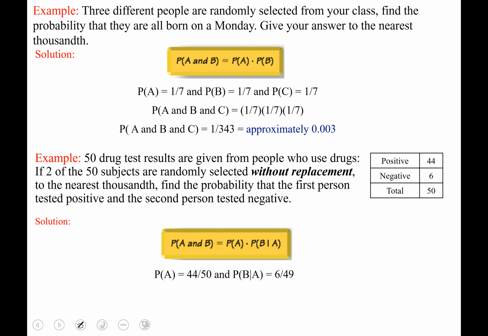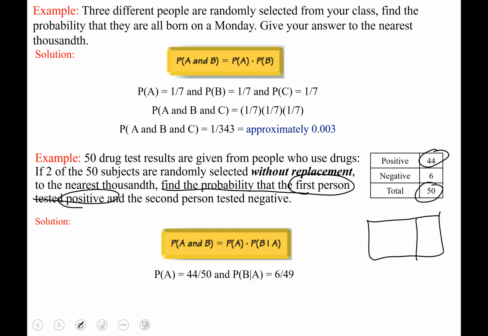All right, the probability of the first person testing positive is 44 out of 50. Then those numbers change. Our new table would look like 43 and still 6 up there with negative and a total of 49.